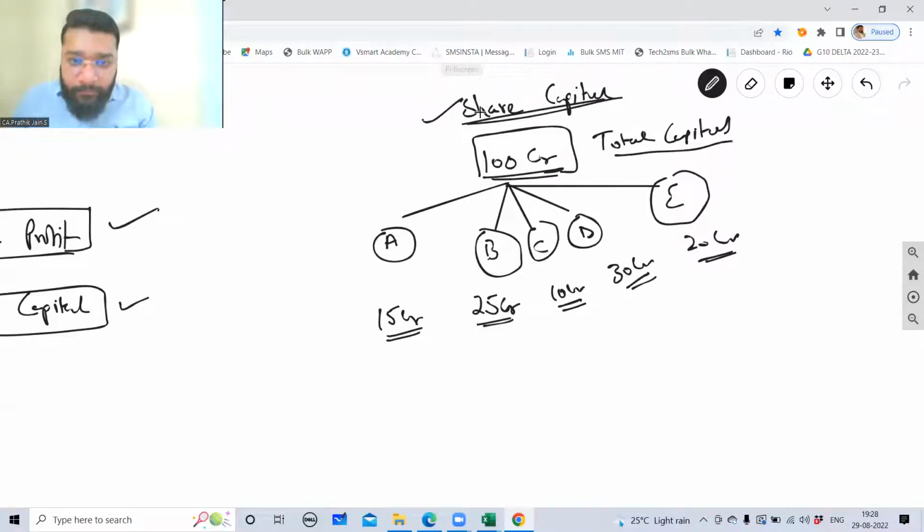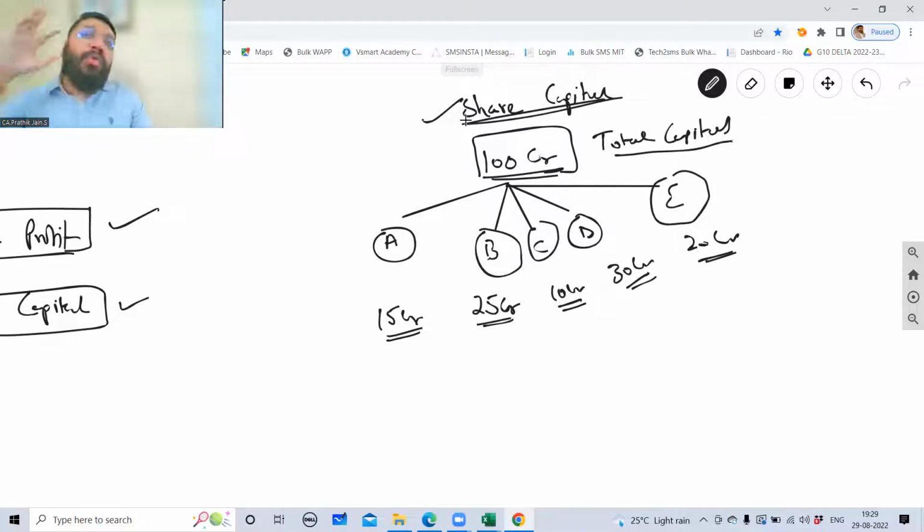Yes, sir. Now, I told you that shares would comprise 2 parts: sharing of capital, second is sharing of profit. Now, in partnership, there were 2 options. Whatever capital you contribute, you can share the profit in the ratio of the capital contributed. That is one option.